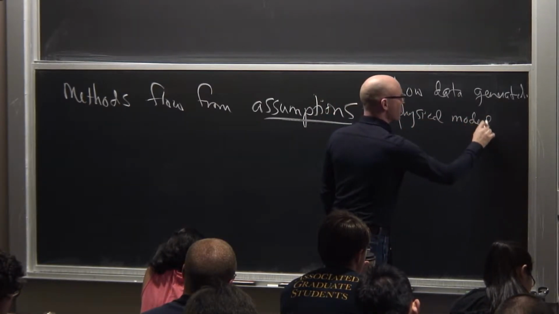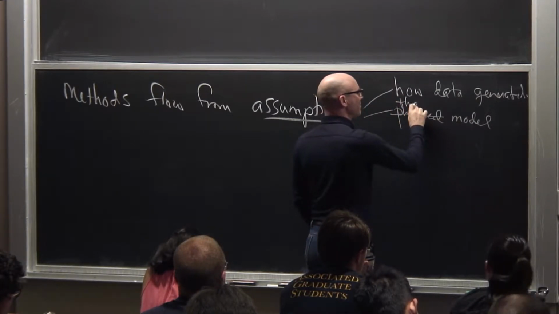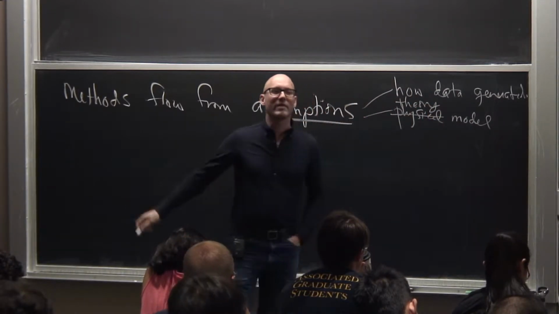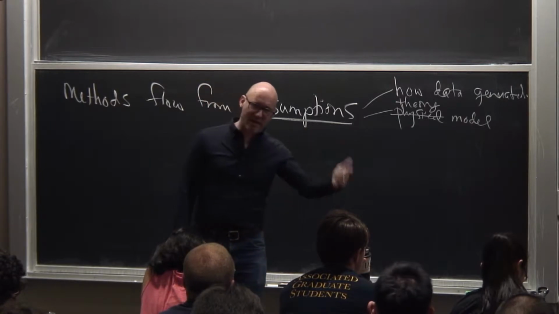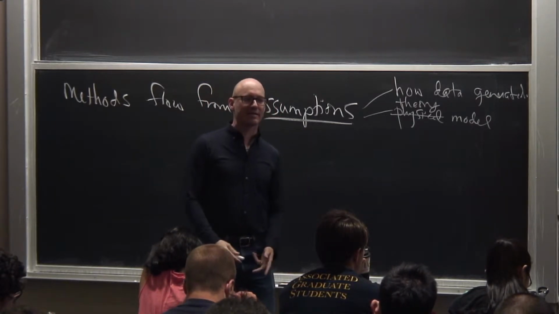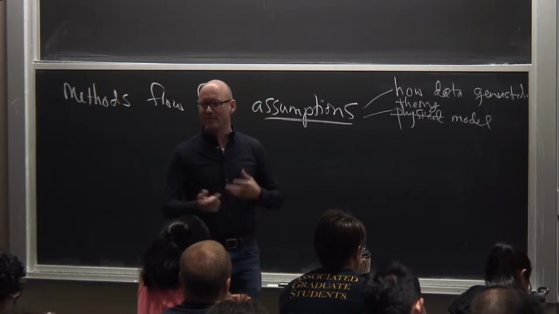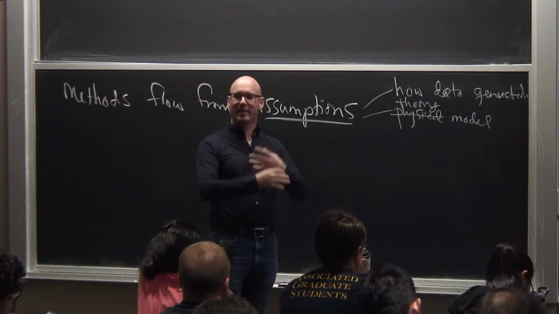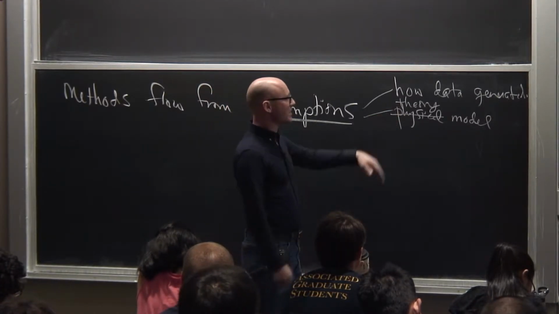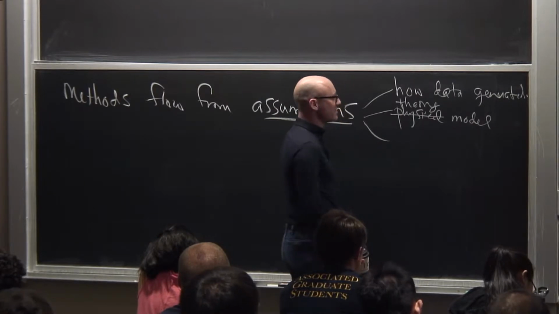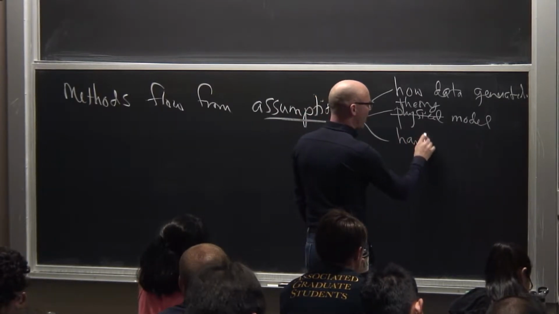Or you could even call it the theory model, meaning that it's the standard model plus the standard model Higgs, but you don't know the mass. You have some free parameters that you don't know, but there's a whole structure that you do know. You're going to make a set of assumptions like that. And then there's going to be assumptions about what I'll call the hardware.